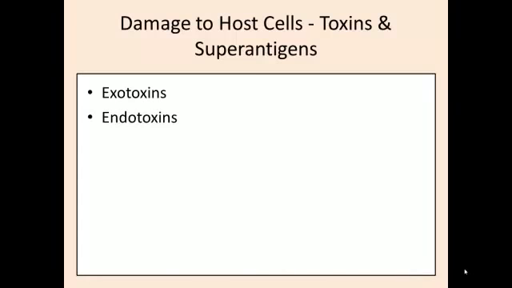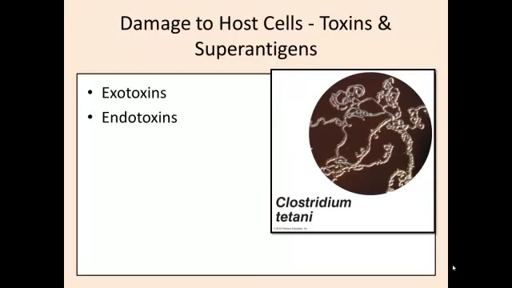Okay, now in lab, you're familiar with at least one type of exotoxin, hemolysins. These are exotoxins that break down red blood cells. Let's talk about another one. Clostridium tetani produces the tetanus toxin. That is an exotoxin that is specific for human neurons.